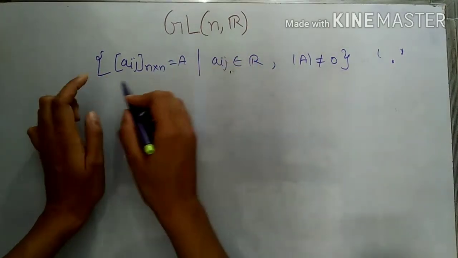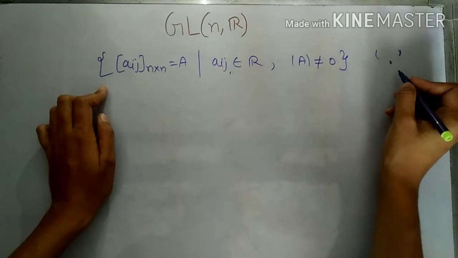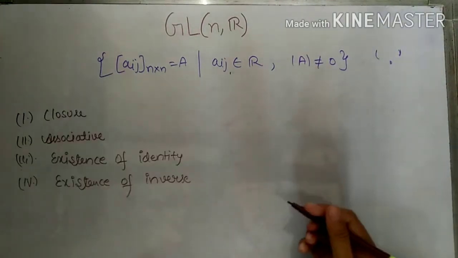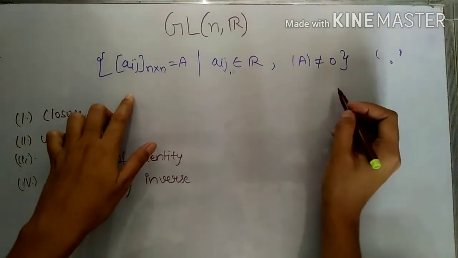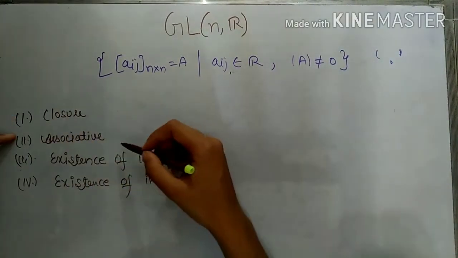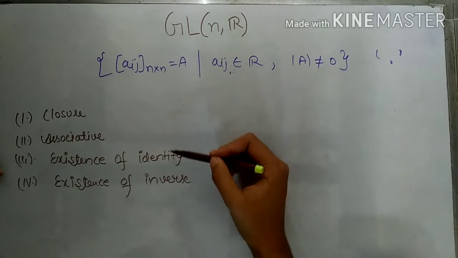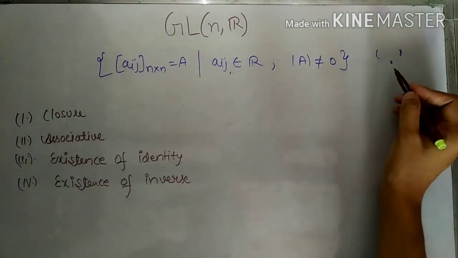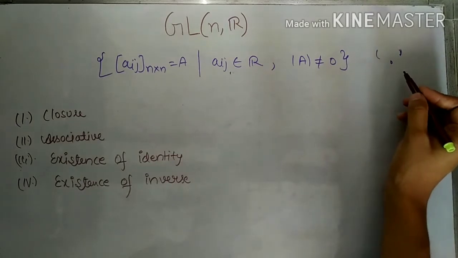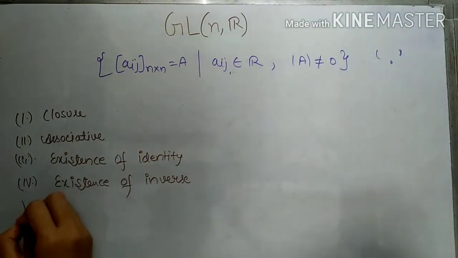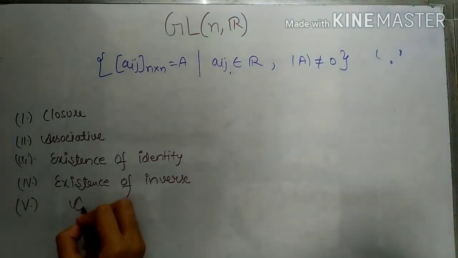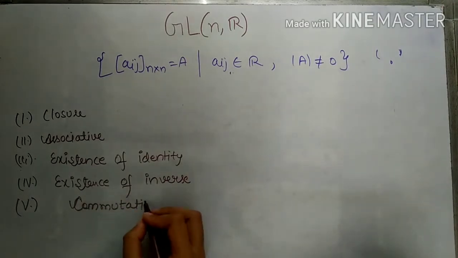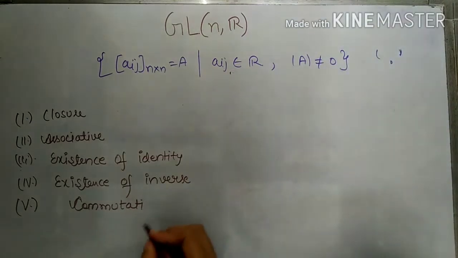So we will prove that this set forms a group under multiplication, that is, this set satisfies all these properties: closure, associativity, existence of identity and existence of inverse under the operation of matrix multiplication. And we will also check the fifth property, that is commutativity, whether the set satisfies commutativity under matrix multiplication or not.